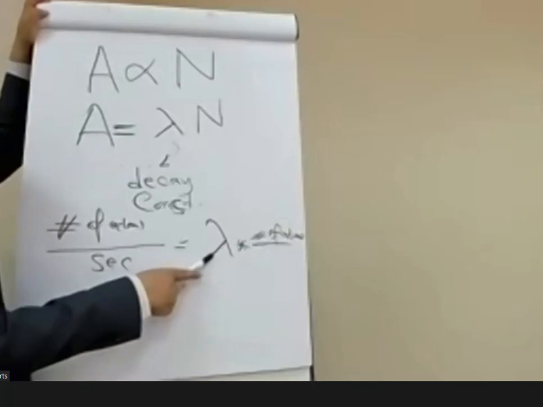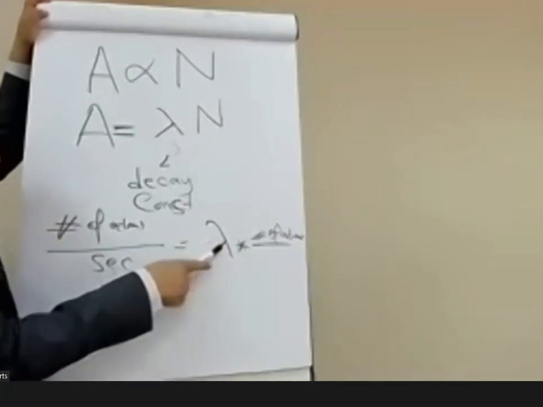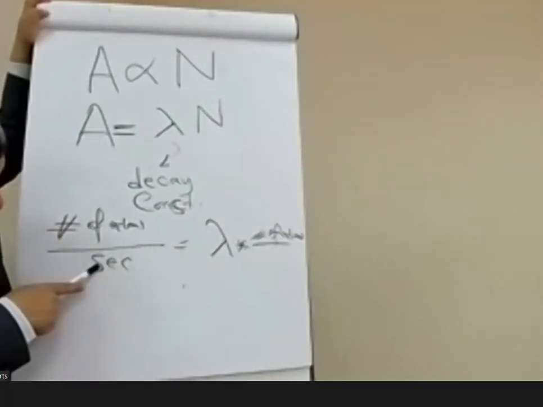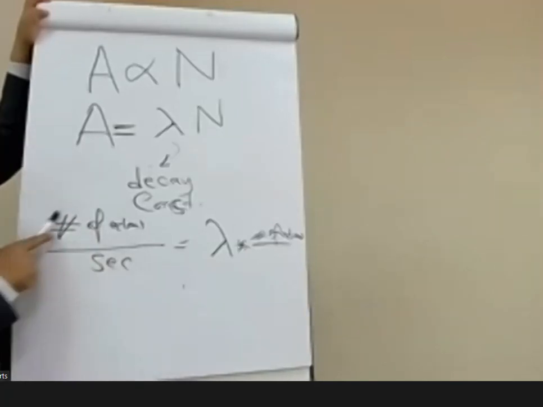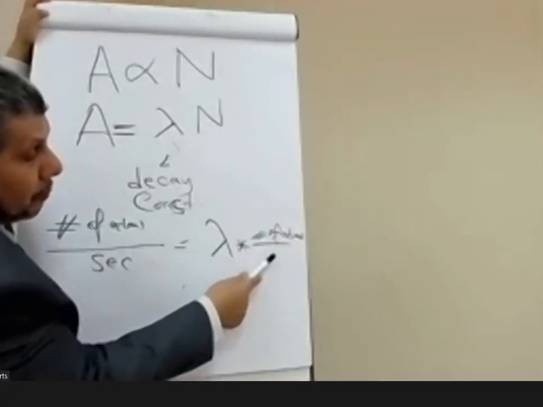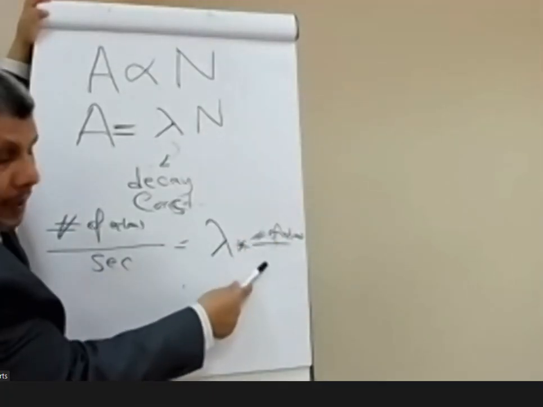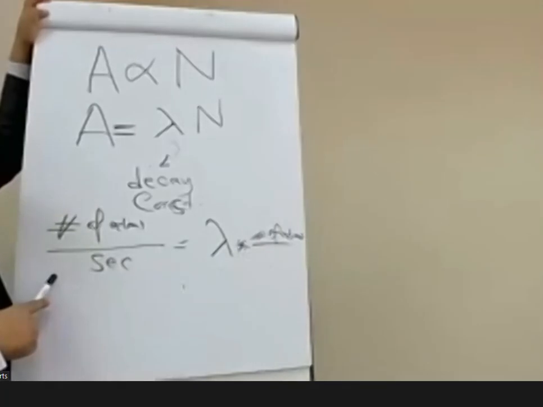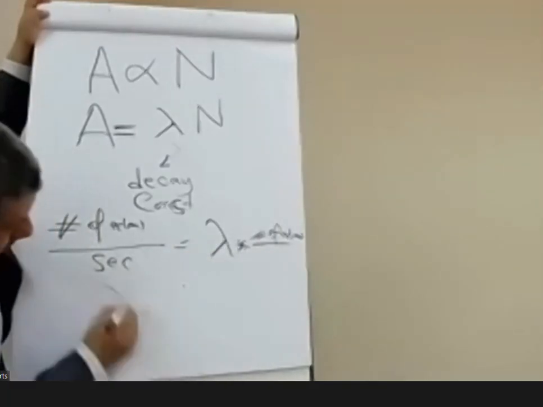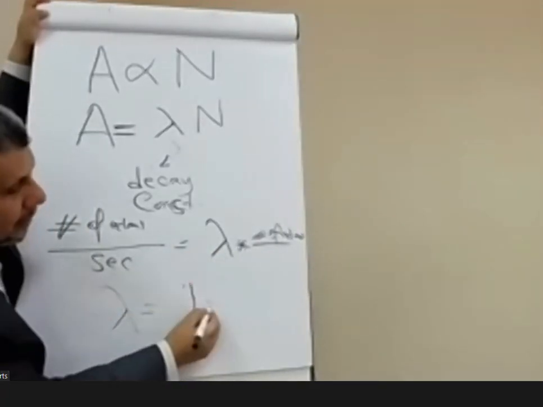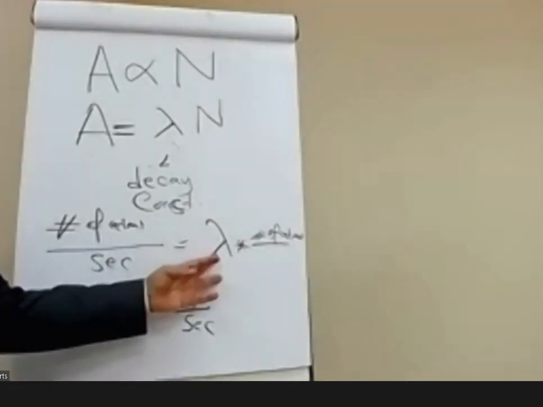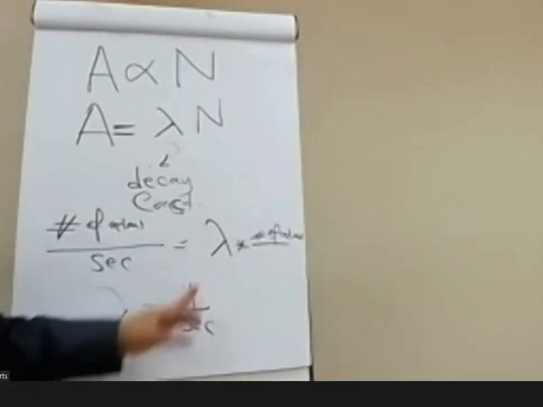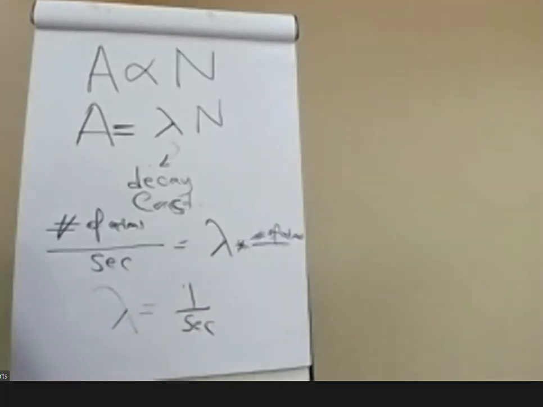So what is the unit of this constant? This constant must have the unit of 1/second, because here we have the number of atoms decaying per second, and the number of atoms must be divided by seconds also. It must be the same unit. So this lambda, what is the unit? 1/second. This lambda is a constant, 1/second.